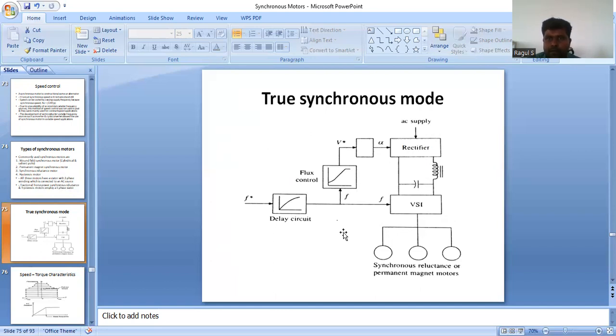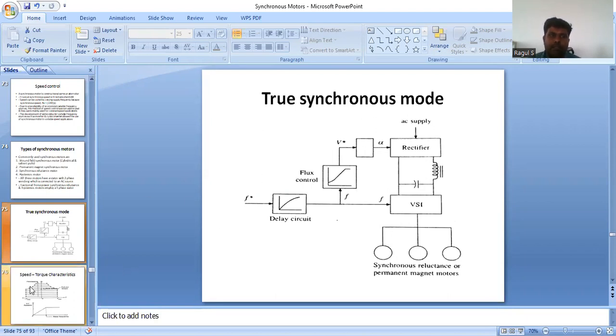If you vary the firing angle of the controlled rectifier, the DC output voltage definitely varies. That DC is the input of the inverter, so the inverter output also varies. This is one kind of variable voltage generating method.